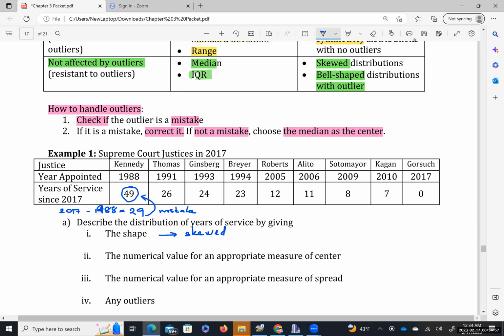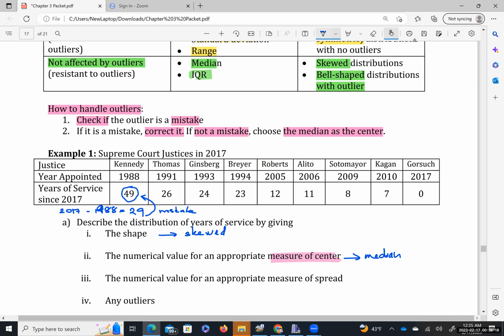For the numerical value for an appropriate measure of center for this, I would say median.